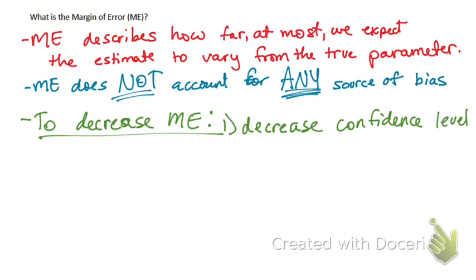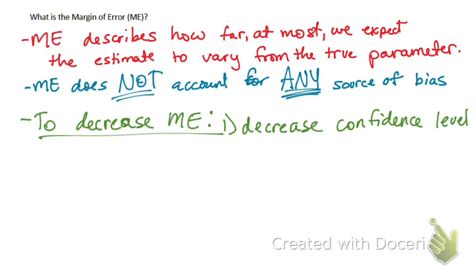Think about it. When you guys were 99 or 95% sure that you had captured the true proportion of red beads in this jar, you had a pretty wide interval going on, right? Like a 60% window. And when you had a smaller window, you were less confident that you had gotten it right. So if my margin of error shrinks, I'm getting a little less confident. That's one way you can decrease how wide your interval is.